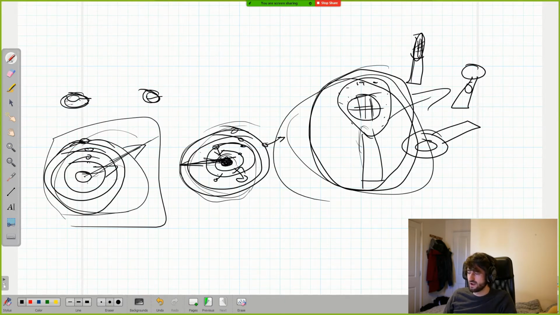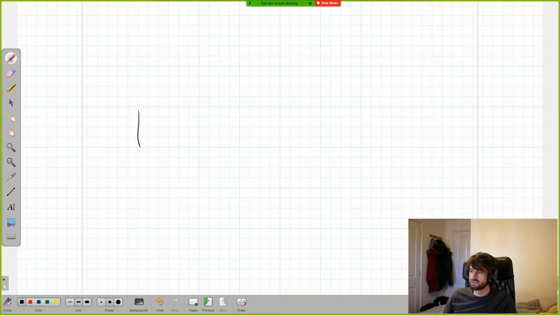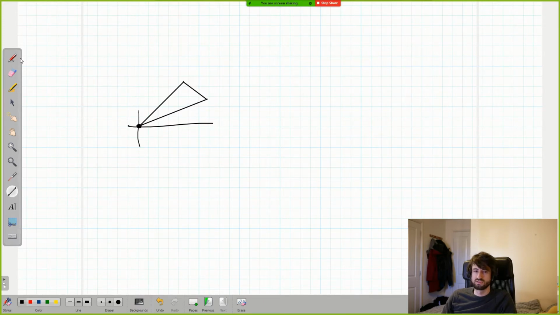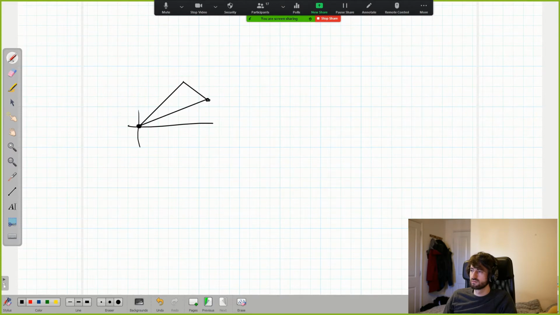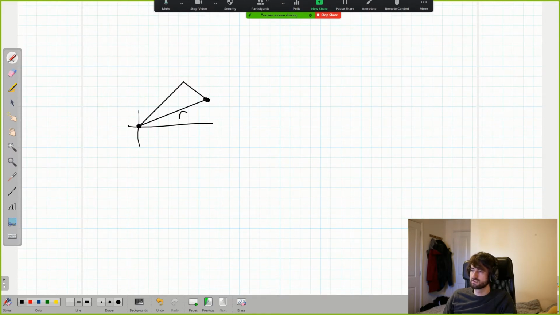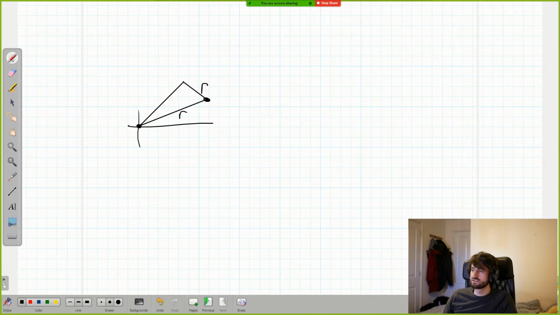So we can now define a new thing. Let's say we have our axis, right? Say this thing is a particle, and it has a radius away from us, r, and it has some momentum, p.